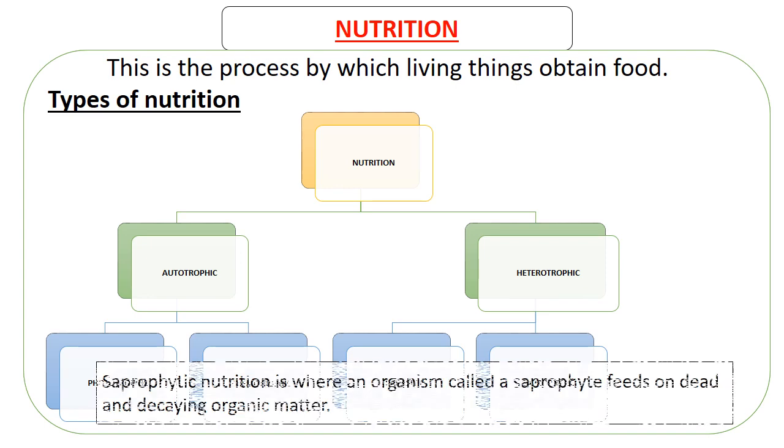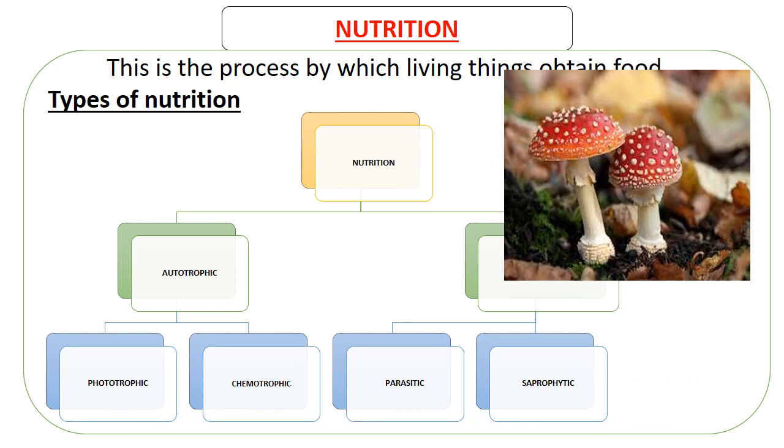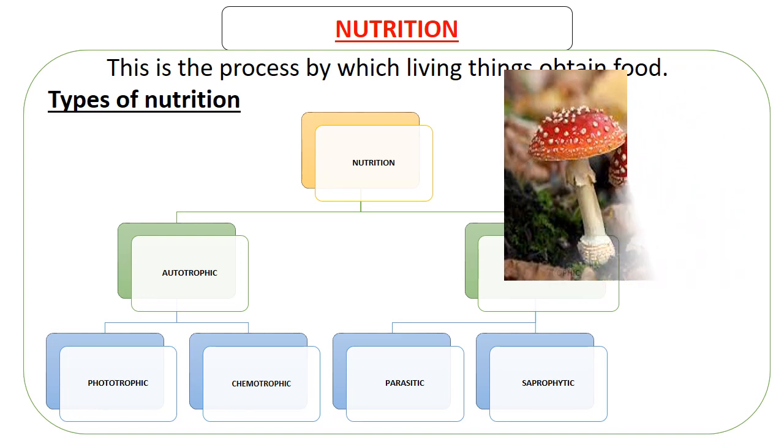A very good example of saprophytes are fungi, such as mushrooms. Mushrooms feed on dead things. If plants die, then the mushroom is going to be absorbing the dead remains of a plant. These are examples of saprophytes or saprophytic organisms.